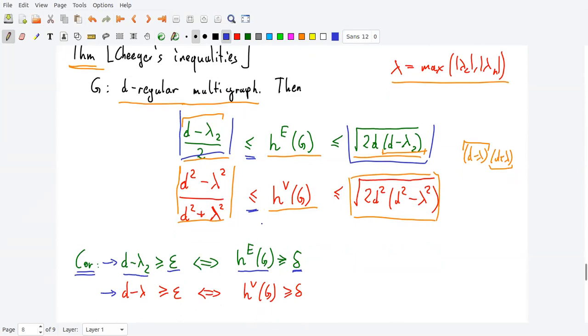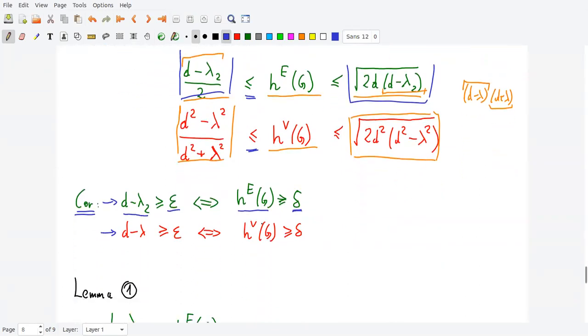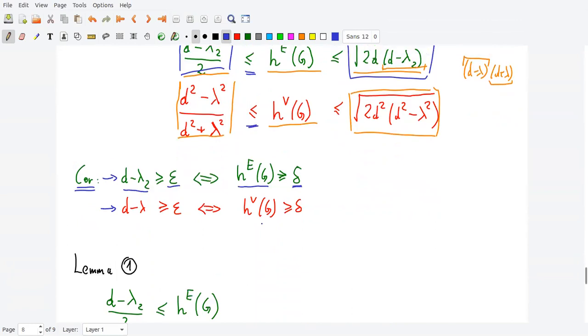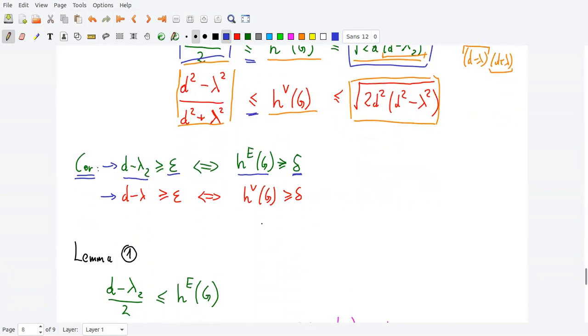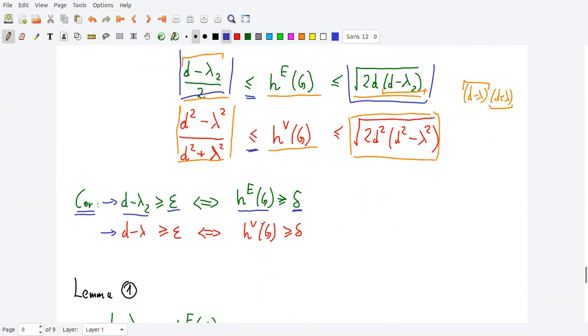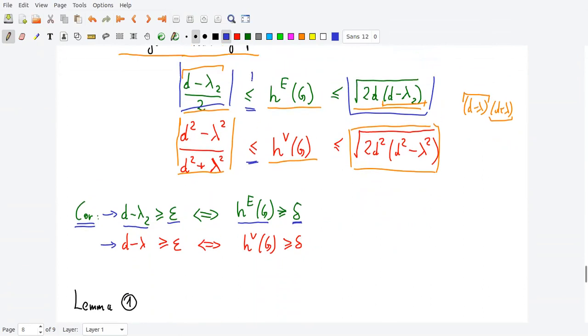Good. So this is essentially all I wanted to show you during this lecture. I hope that maybe I will have time also to prove Cheeger's inequality number 1.